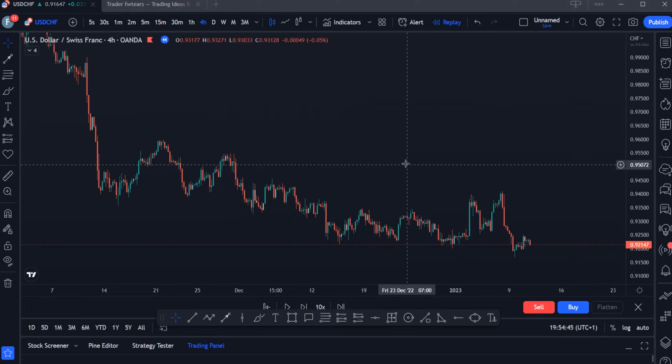All right. And you also need to train your eyes to spot areas of reversals, either in support or resistance. So spend a considerable amount of time just going on the charts, and spot support zones and resistance zones.